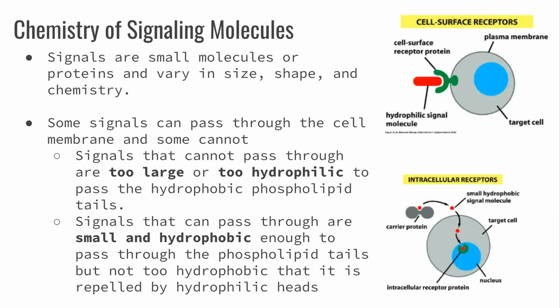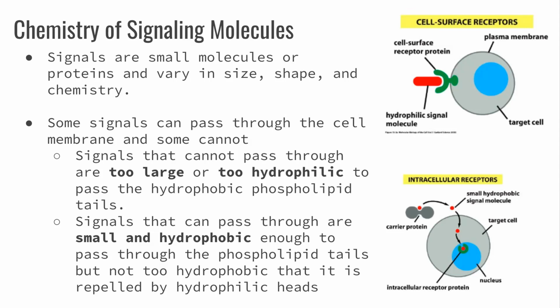The cell membrane is made up of the phospholipid bilayer, with the hydrophilic phospholipid heads and then the phospholipid tails that are hydrophobic. So if the signal is too hydrophilic, then it can't pass through the hydrophobic parts. Signals that can pass through are small enough to pass through the membrane, but are also hydrophobic enough to pass through the phospholipid tails, but not so hydrophobic that they're repelled by the hydrophilic heads.